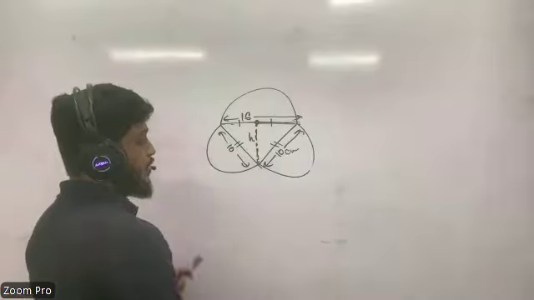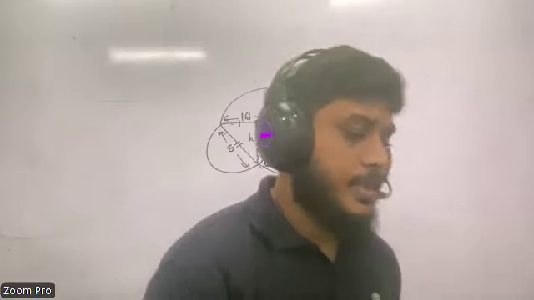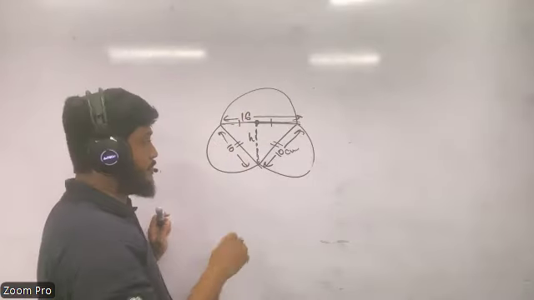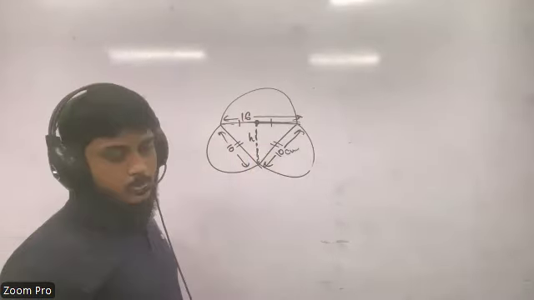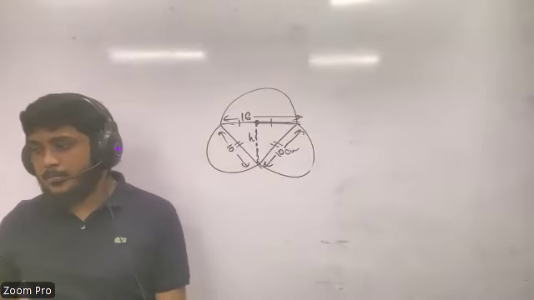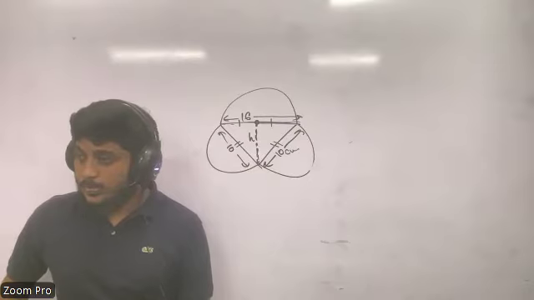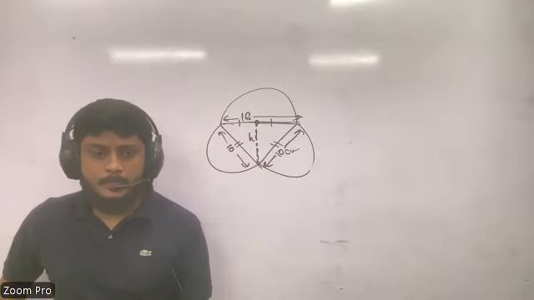So you can see there is a large half circle. There are two small half circles. One large half circle and two small half circles. Okay.